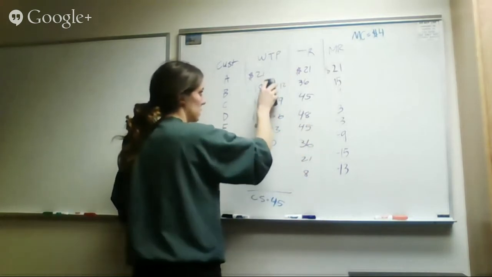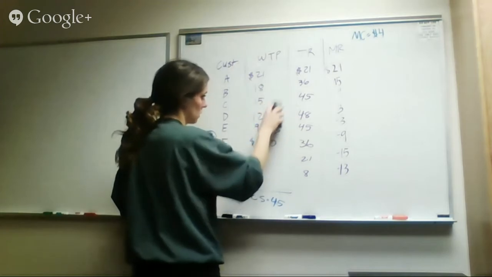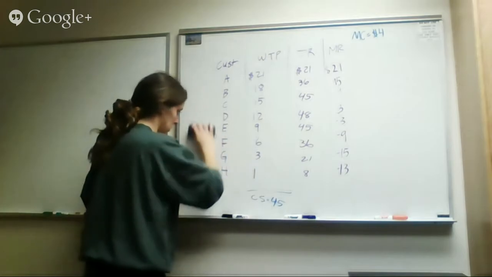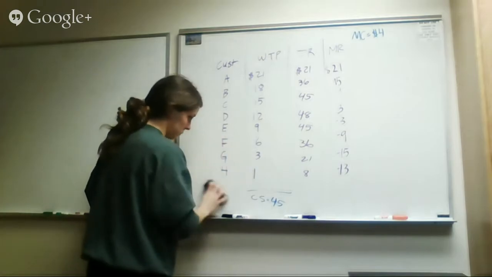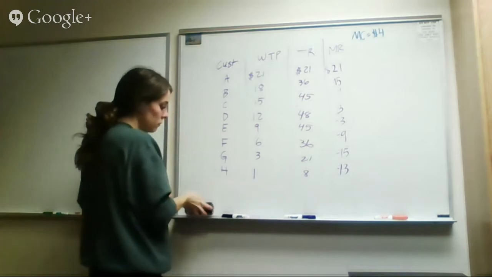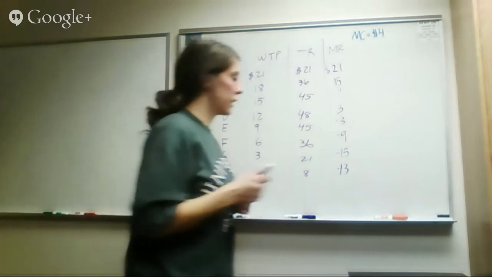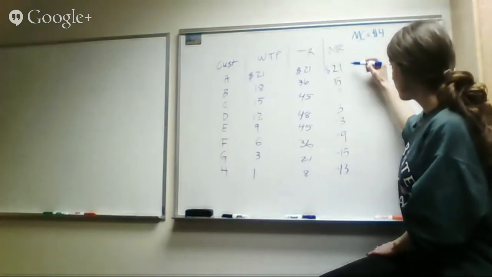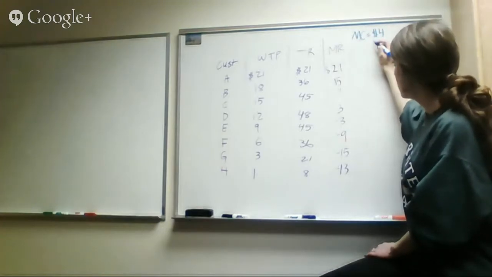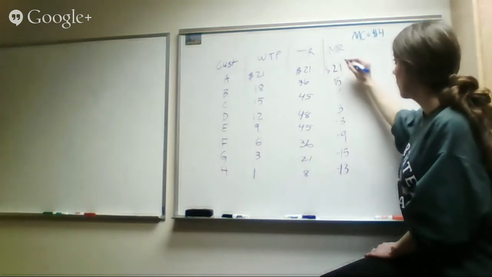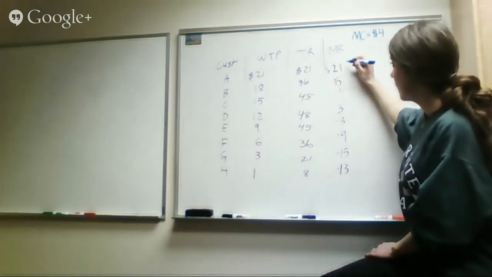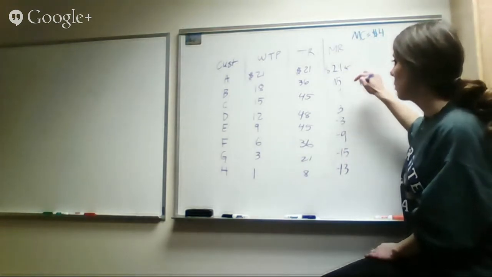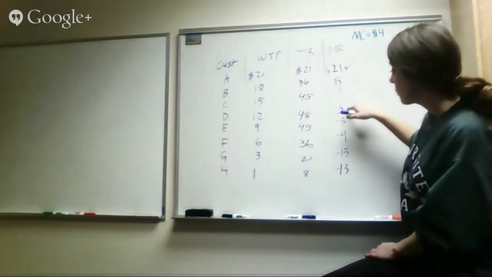Okay, I'm going to erase all this. So the marginal cost is always going to be $4 for him to produce a burrito. And we want to look at where this $4 is, wherever the marginal revenue is above that $4, he'll keep selling, right? 21 is above 4, 15, 9, 3.